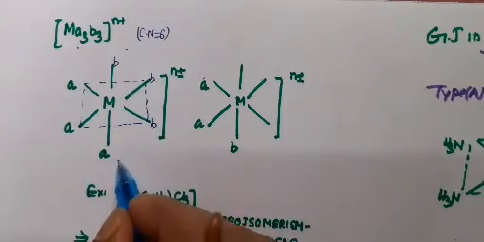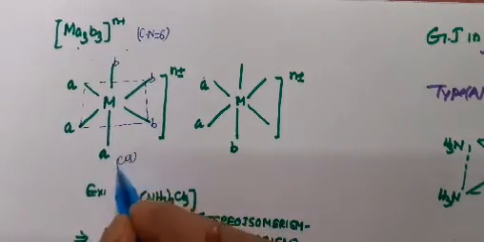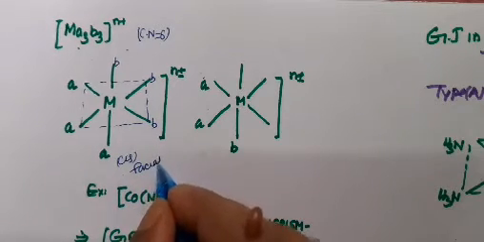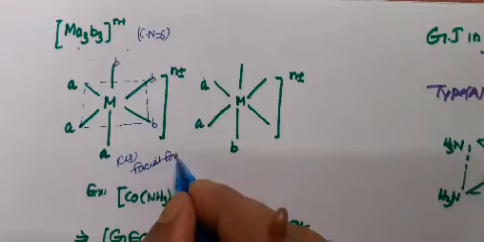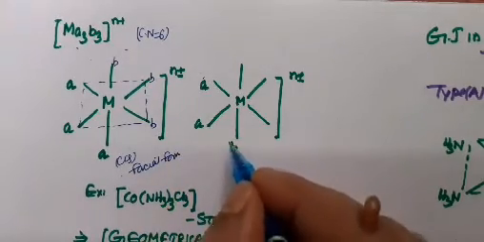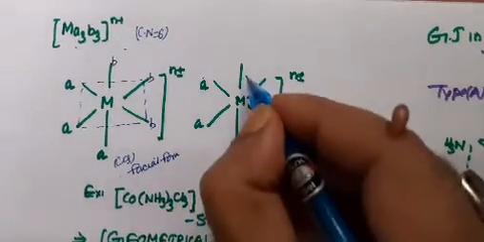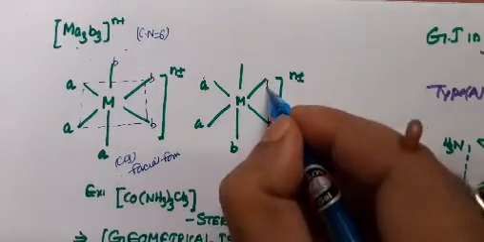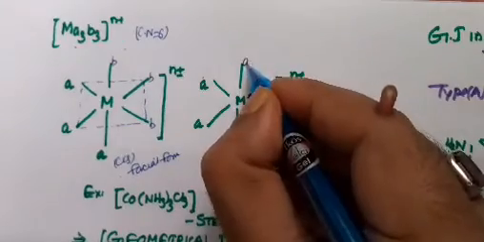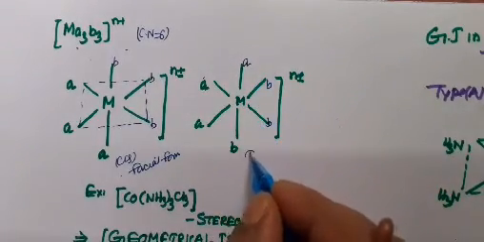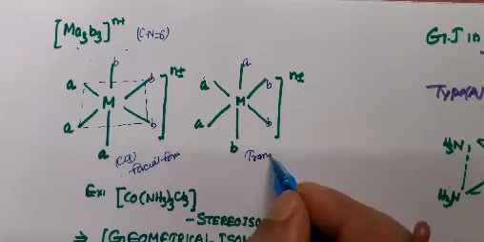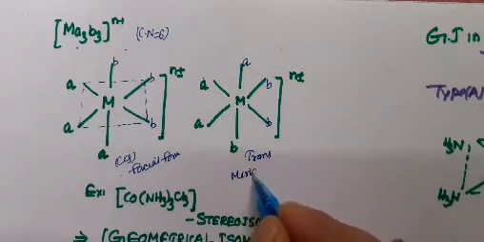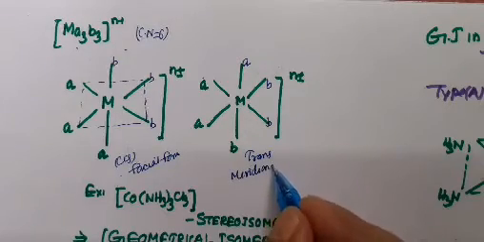So this is called the cis form, also known as the facial form, and this is AAB, and here BBA. So this is called the trans form, or it is also known as the meridional form.